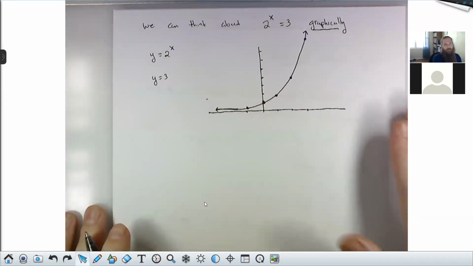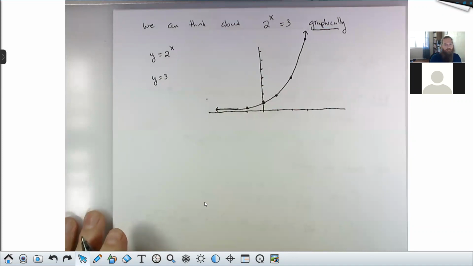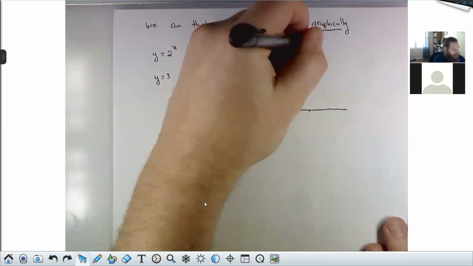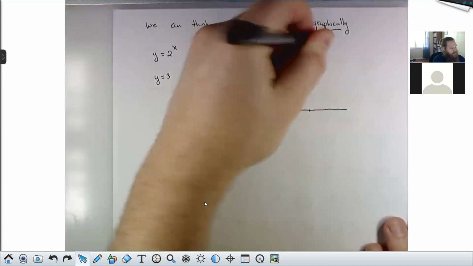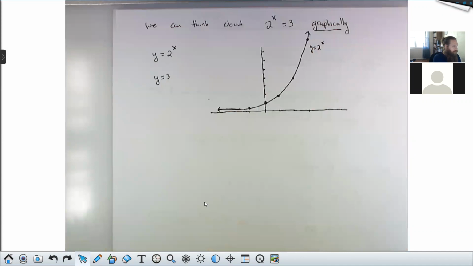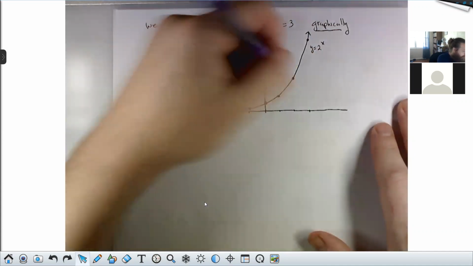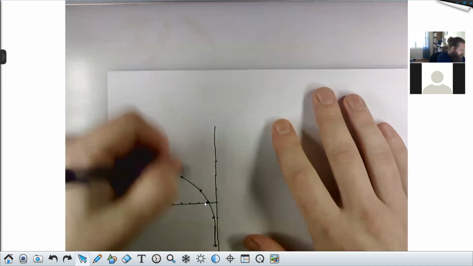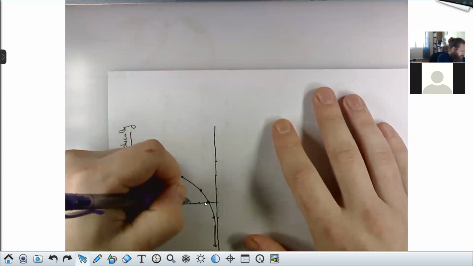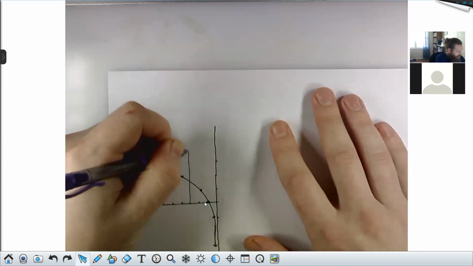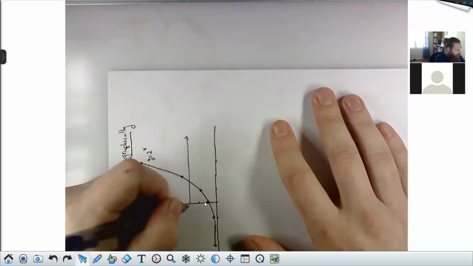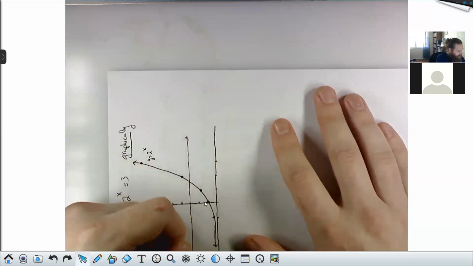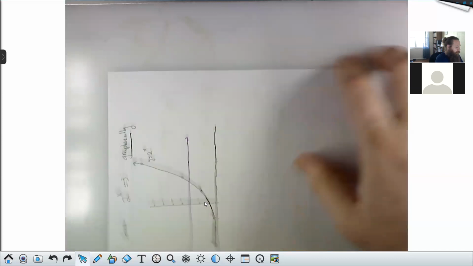So here's the graph of 2 to the x. And the graph of the function y equals 3 right here.